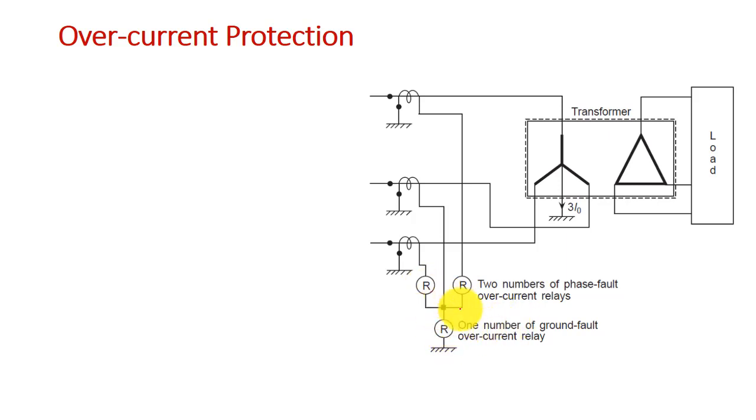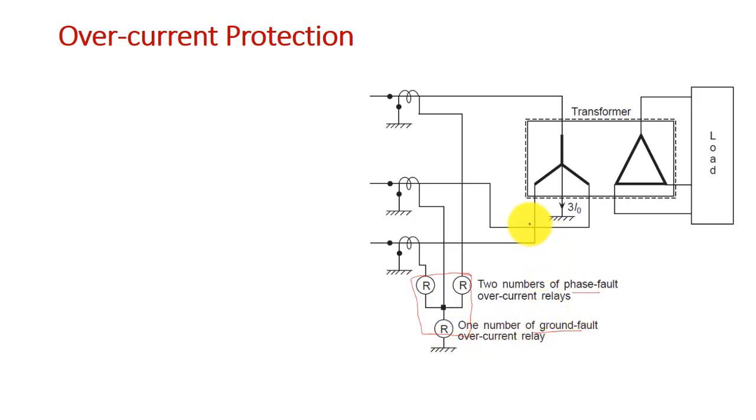These three relays combined give full protection to the distribution feeder. Here also, similarly for the transformer protection, these two relays detect the phase faults and one is there to detect the ground fault.